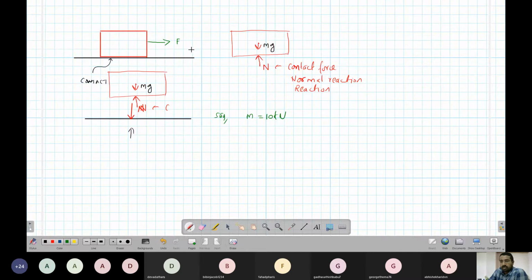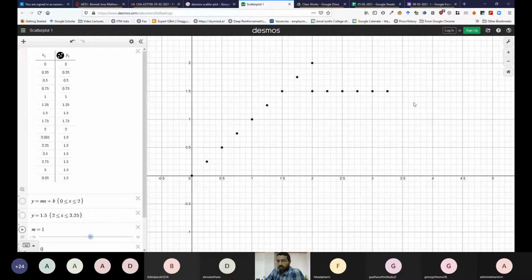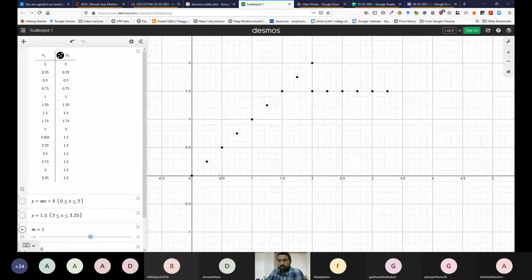Okay. So what you are observing is, what I will do now is open a small graph that I am drawing. You can see this graph here. This is the force.